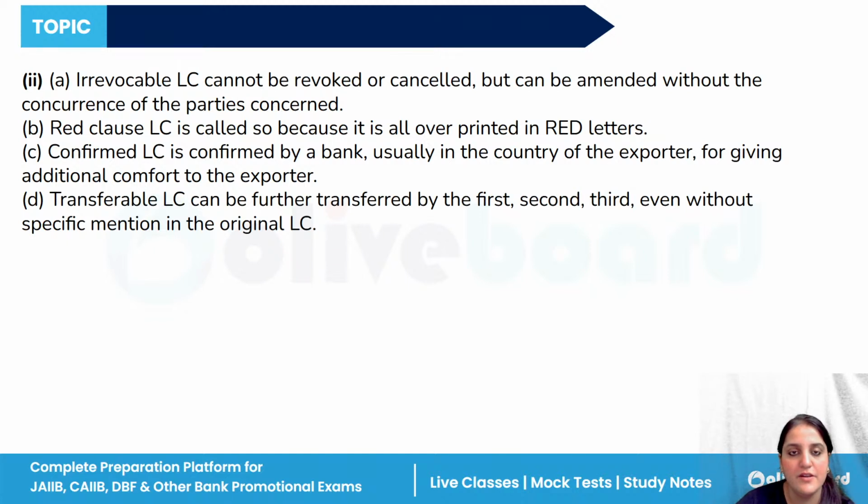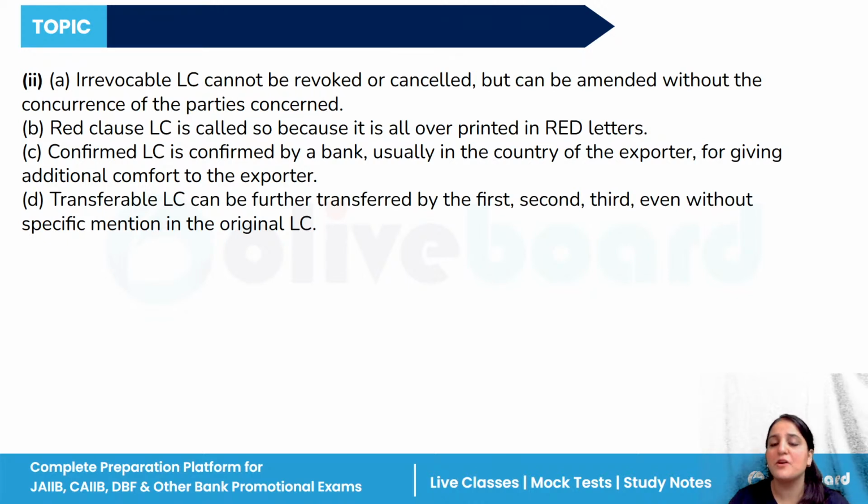Next, irrevocable LCs cannot be revoked. Which one is correct here? In the first case, this is incorrect because an irrevocable LC cannot be revoked or cancelled, but any amendment generally requires the agreement of all parties involved. If we talk about the second one, red clause LC is called so because it is overprinted in red letters.